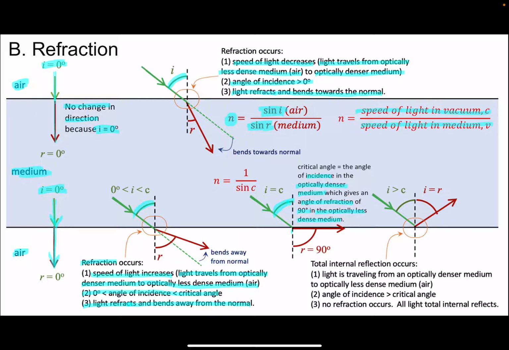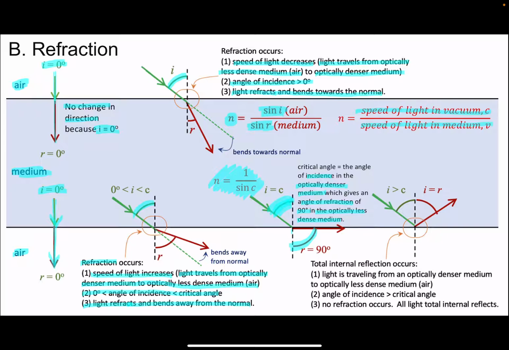So in air, which is optically less dense, it will result in an angle of refraction of 90 degrees. So this angle of incidence is given a name called the critical angle, and the formula is given by n equals 1 over sine c. Now, why 1? Because sine 90 is 1.